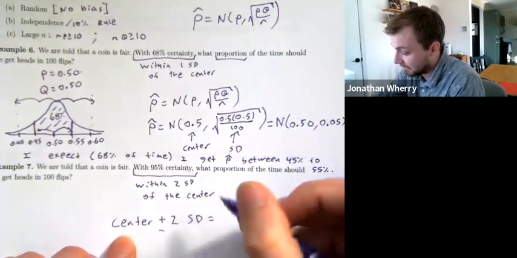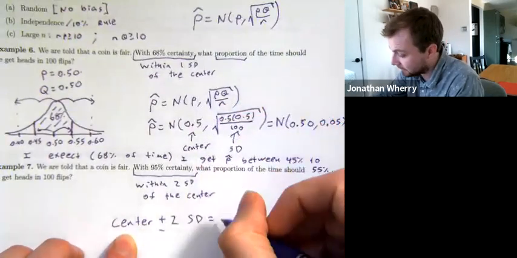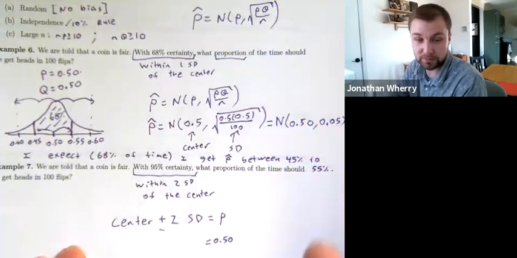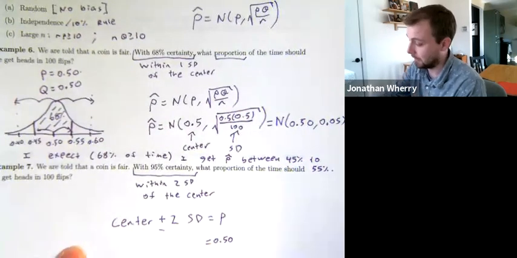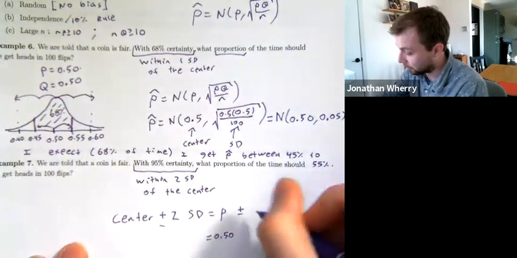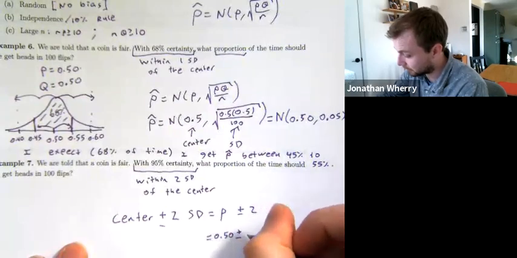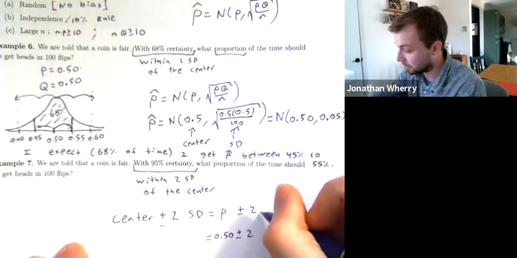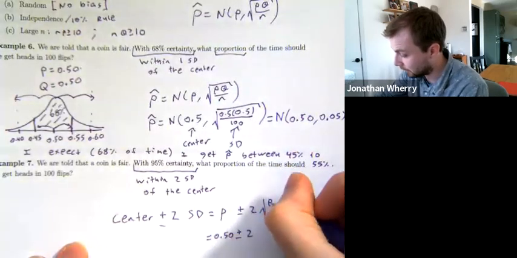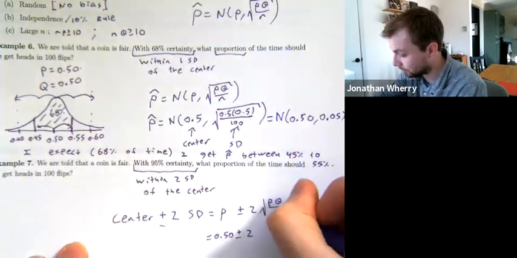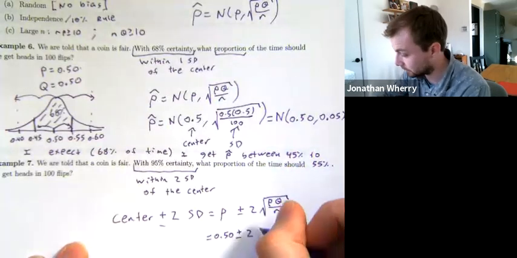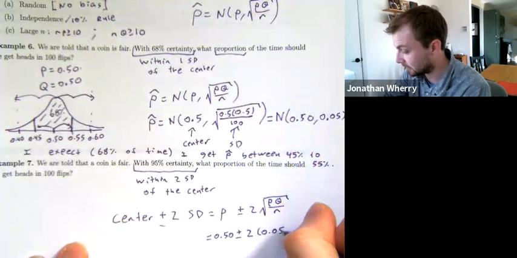I found the center by that symbol P, and in our case, P was 50%. I went up and down 2 tick marks, and I found that standard deviation by taking the square root of my P times my Q, dividing it by my N. When I did it for these numbers earlier, that was my 0.05 number.